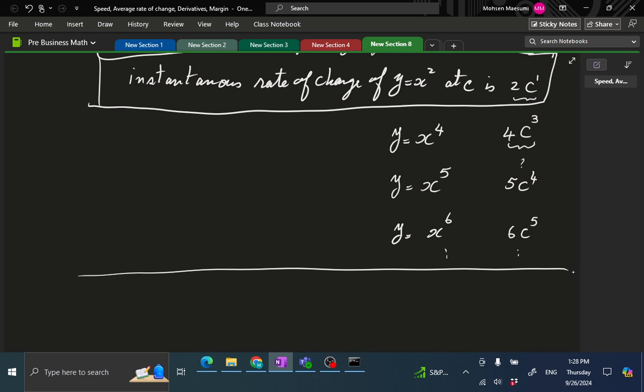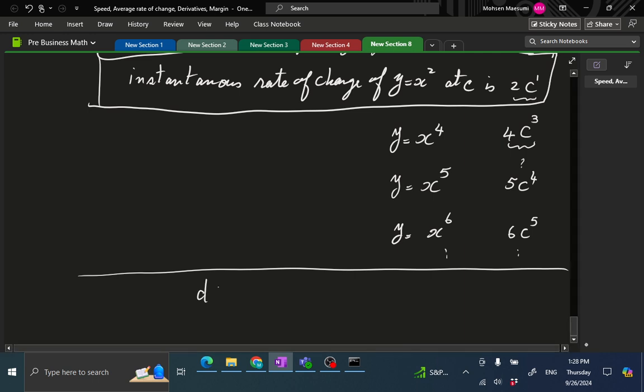So that is how we get the derivative of a function. We write it like this now: d over dx of x to the power of n. Another notation for it is (x^n) with a prime on top of that.